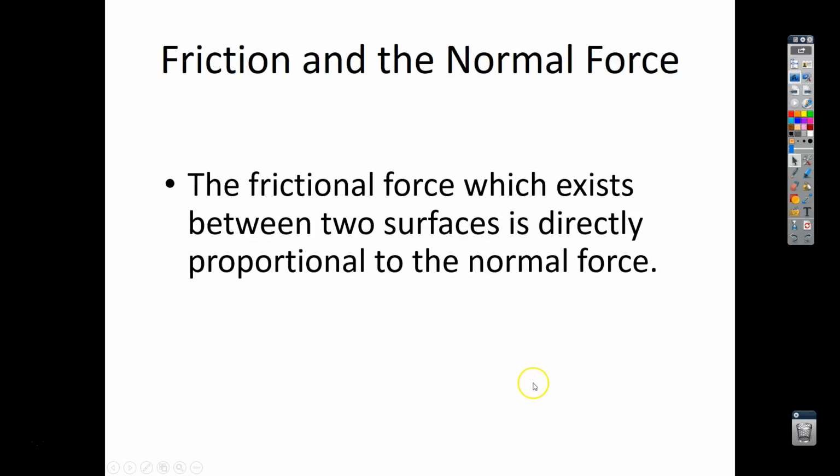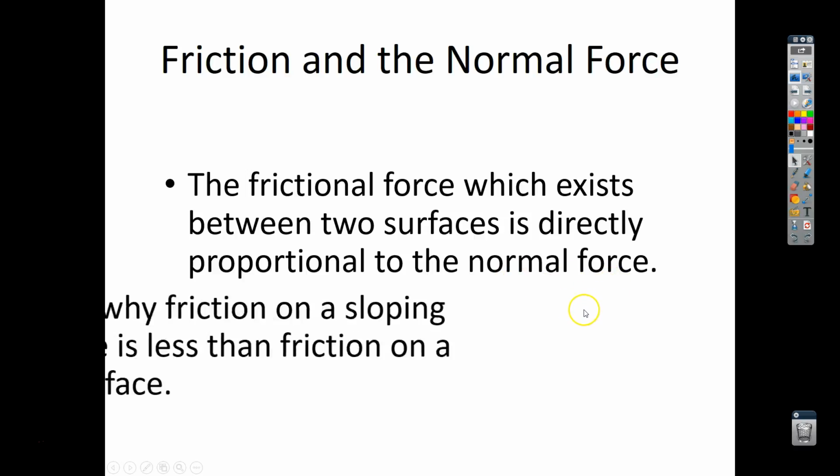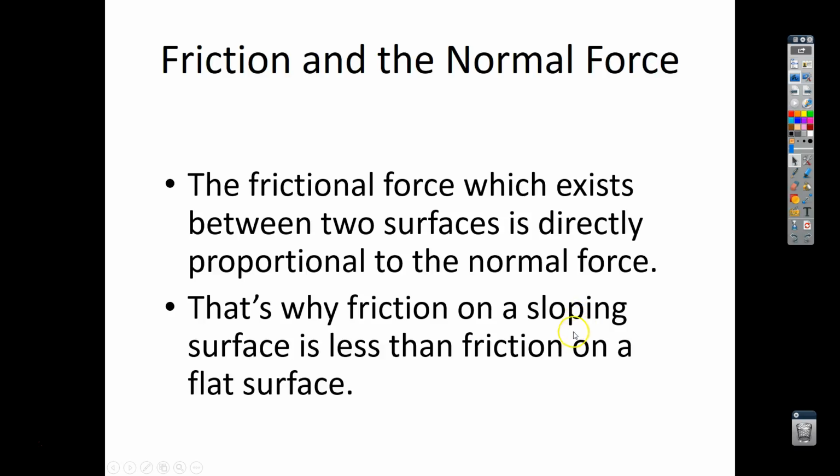Friction and the normal force. The friction force exerts between two surfaces, and it's proportional to the normal force. So the more normal force there is, the more friction you'll have between two different surfaces. That's why friction on a sloping surface is less than friction on a flat surface.